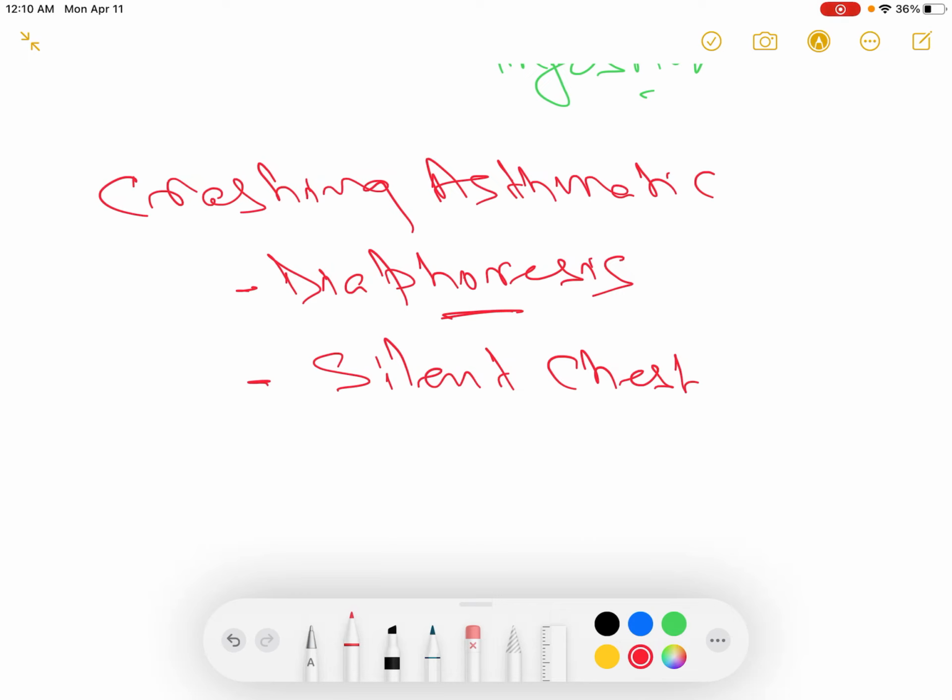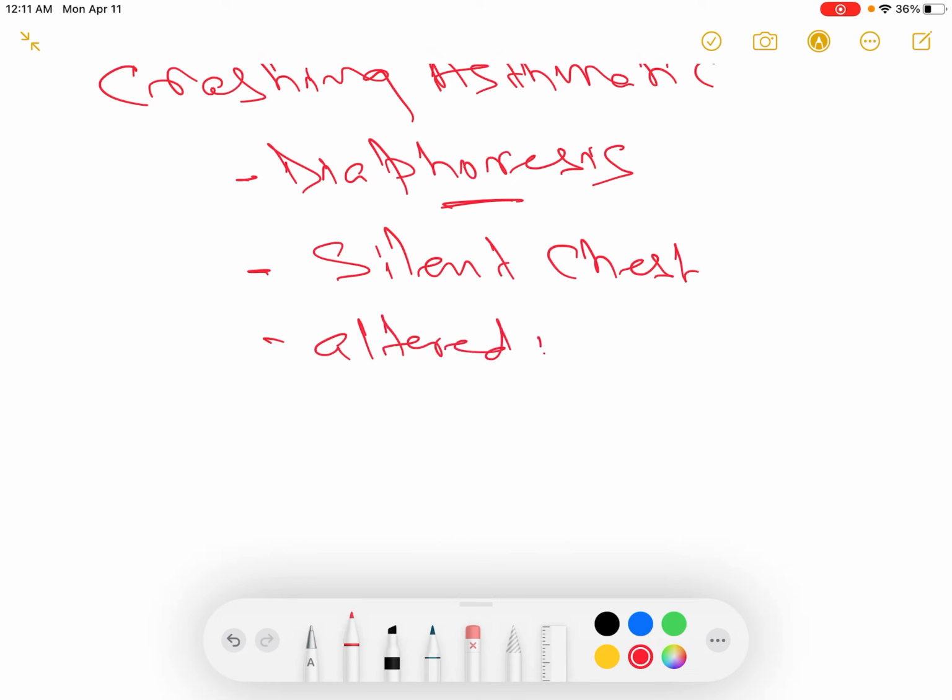Altered mental status. This means these patients are having air hunger. They are suffocating because of lack of air. The altered mental status in COPD is different. In COPD, it's because they are retaining CO2. In asthma, it's air hunger, it's suffocation.